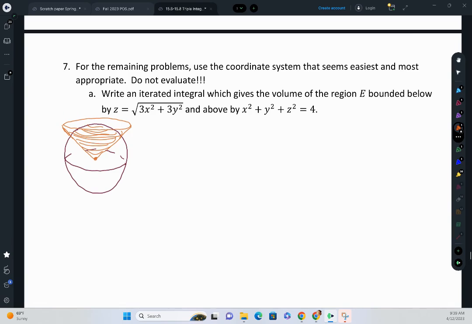All right. So the sphere is like an upper bound. So let's go ahead and fix this, so that we really do want just that part. It's like an ice cream cone, we could say.